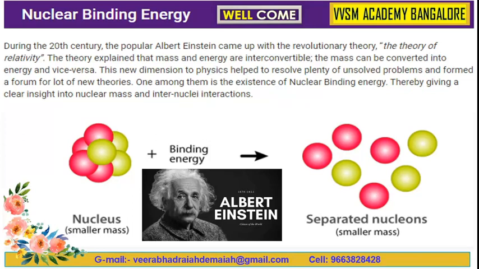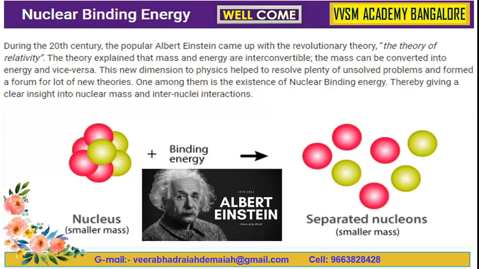So, if you observe the slide, Albert Einstein is responsible for Einstein's mass-energy relativity. In the nucleus, the masses are smaller masses only. The nucleons, like protons and neutrons, are bound together with a sort of binding energy.